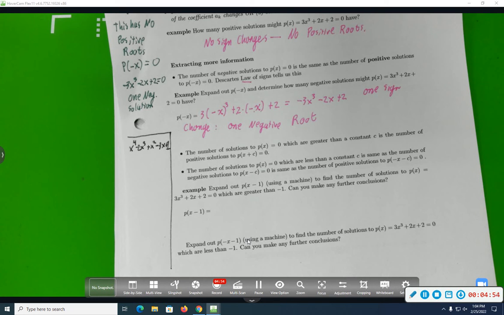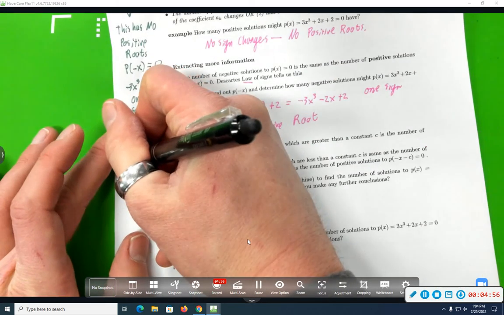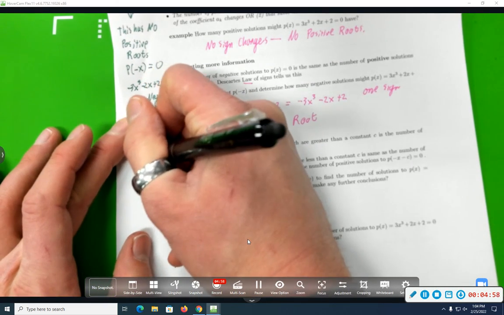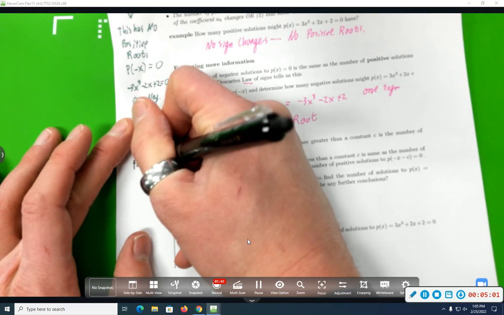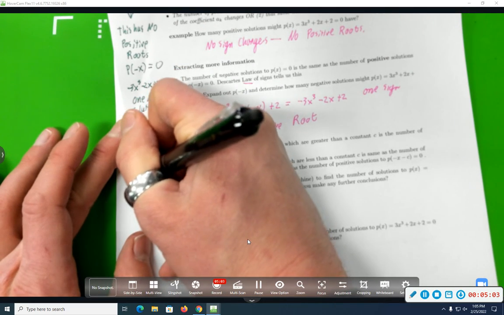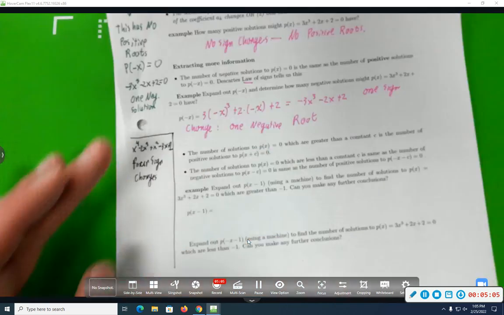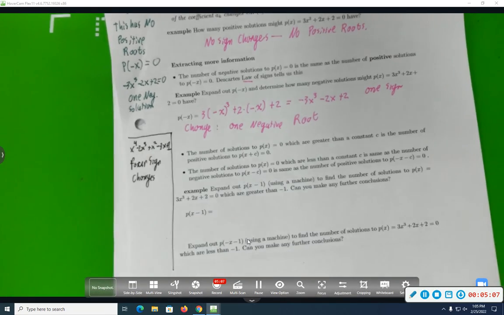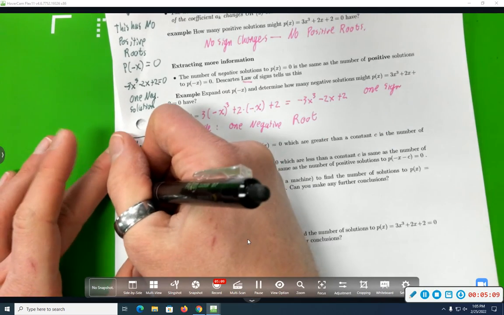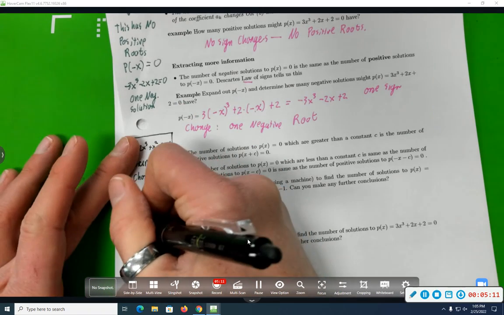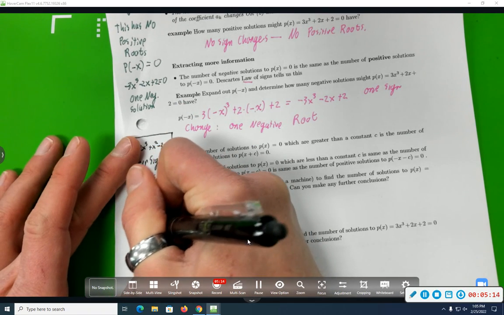So, four sign changes. So now we run up against that ambiguity. That tells us that there are 4 positive roots.